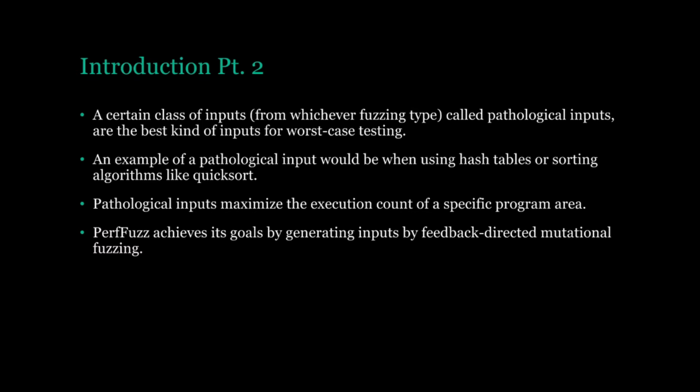Pathological inputs for a hash table would be when there is an input that gives the maximum amount of collisions on the hash table, while for the quicksort, just the input that gives a lot of swaps, like an array or an input that was reverse sorted. Pathological inputs maximize the execution count of a specific program area.